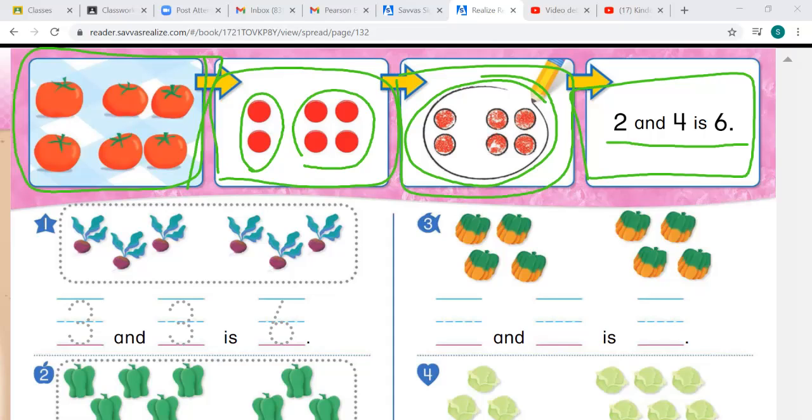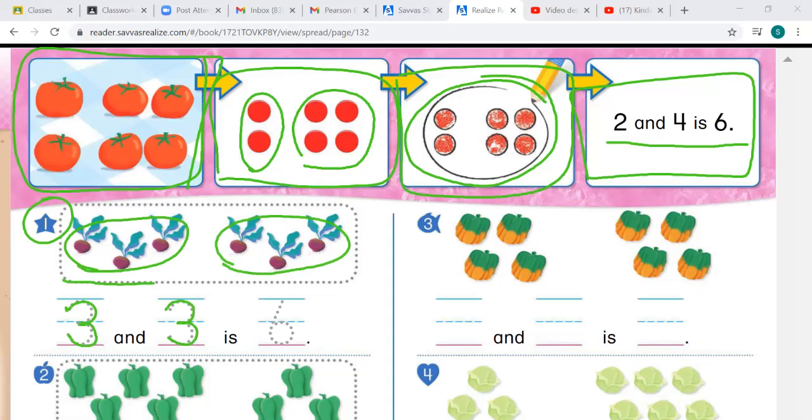All right, let's go to our first problem down here. We have 2 groups of radishes. So we have 3 radishes in this group, and we have 3 radishes in our second group. So let's write how many radishes we have. 3, and then we have 3 in another group.